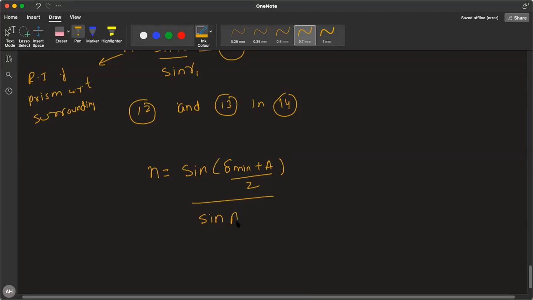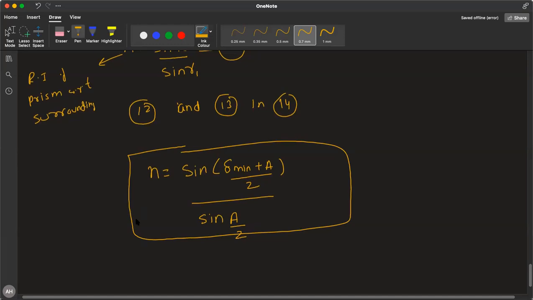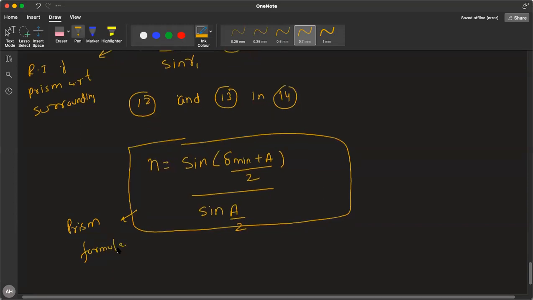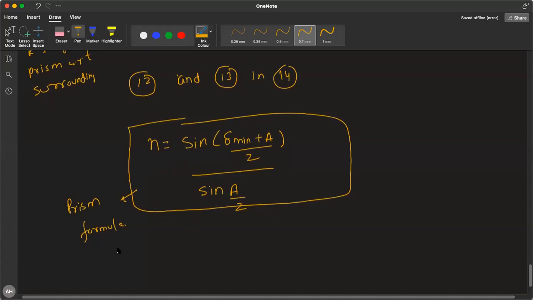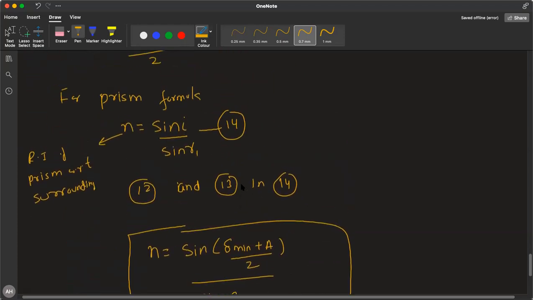R1 is A by 2. This is the relation that we call Prism formula. So the only derivation that can come from the prism is this Prism formula: sin of A plus delta minimum by 2 by sin A by 2.